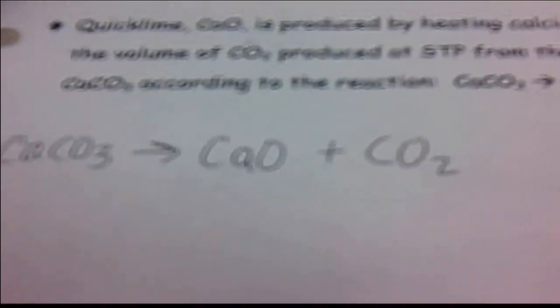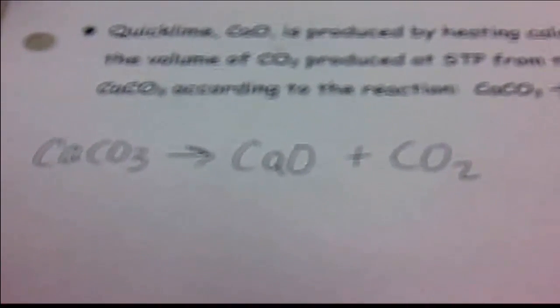We need this reaction right here. This is the reaction we're going to focus on. Let me write it on the paper because I can see that the typed version is a little blurry. For some reason the handwritten copy is not as blurry as the typed version, so I'm just going to write it here so you can see it a little better.